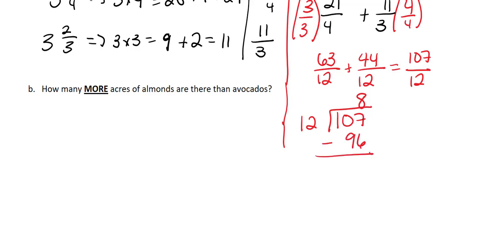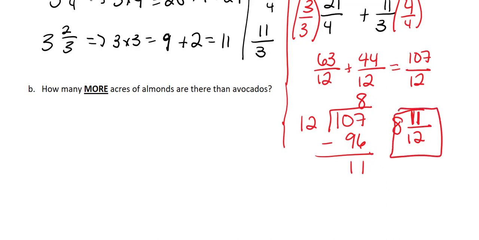So we subtract. 7 minus 6 is 1. 10 minus 9 is 1, because we could have borrowed, but we could just go 10 minus 9. So that's 11. So what do we get? We get 8 and 11 over 12 as the total acres.